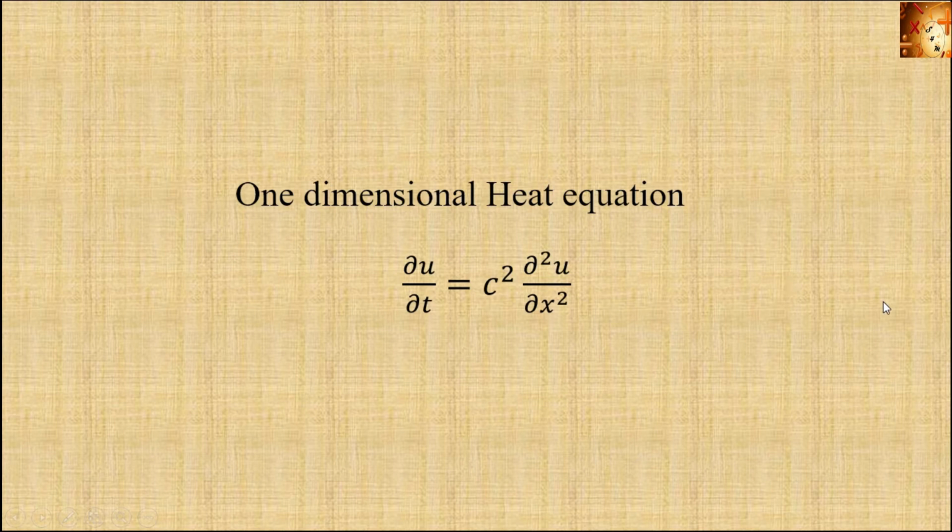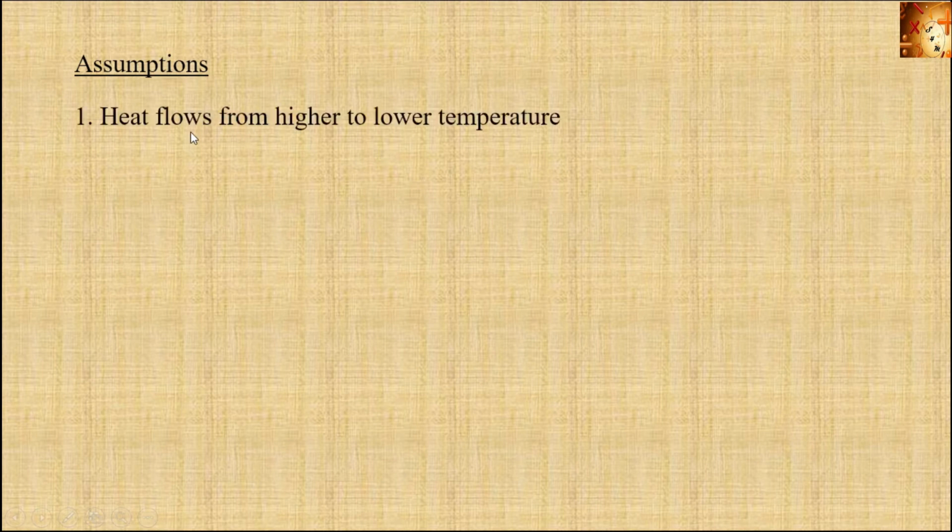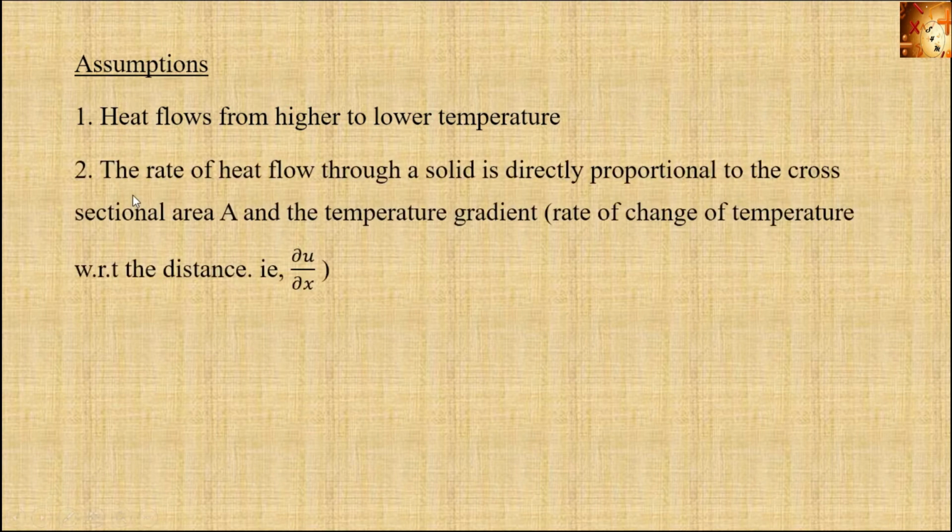Before deriving this equation, we need three assumptions. First, heat flows from higher to lower temperature. Second, the rate of heat flow through a solid is directly proportional to the cross-sectional area A and the temperature gradient, that is, the rate of change of temperature with respect to distance.